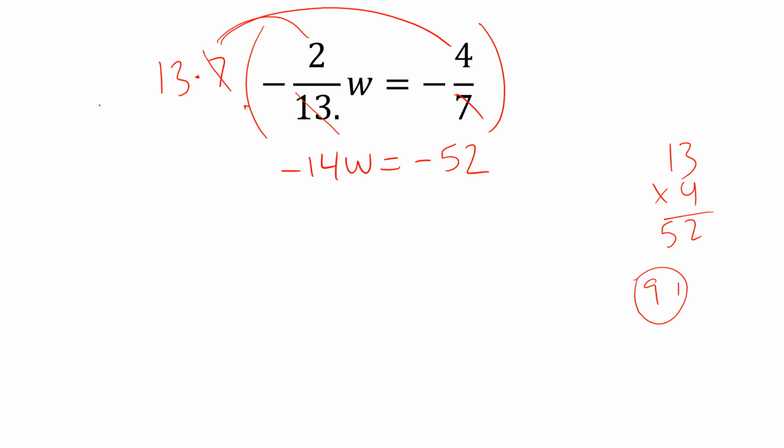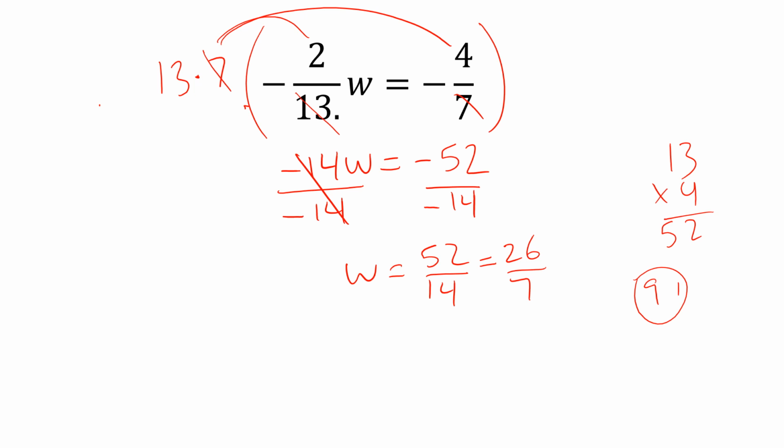That's a lot easier. Now, divide both sides by -14. And these cancel. W equals, well, negative divided by negative is a positive, so it's going to be 52 over 14. I'll take half of each of those numbers. That would be 26 over 7. How about just keep it like that? That's pretty easy.